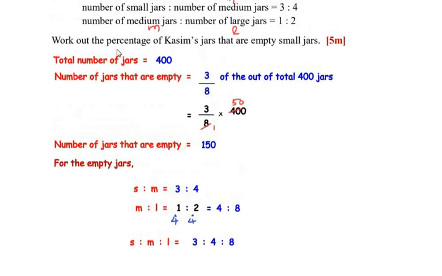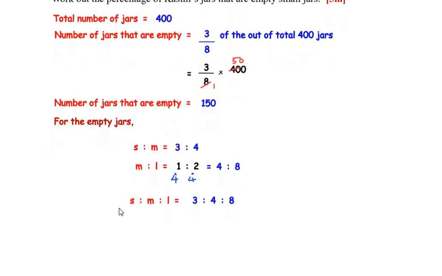Now in the question we have been asked to find the percentage of Kasim's jars that are empty small jars. So our focus is on the small jars and it takes 3 parts out of the total 15 parts, that is 3 plus 4 is 7 and 7 plus 8 is 15. So we are going to write the total small jars that are empty: 3 out of the total 15 parts times the total number of empty jars, which we got as 150.